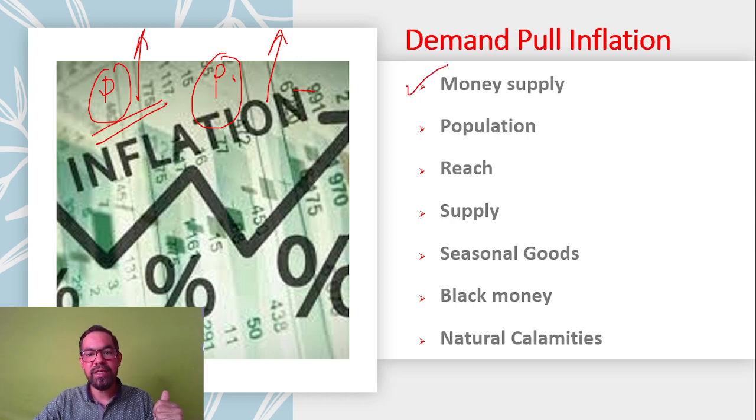If there is an excess supply of money in the economy, let's say RBI through monetary policy, or the Government of India through fiscal policy, increases money supply in the market, there will be more circulation of money. People will have more money in their pocket, so their spending will also increase, correct? If they are spending more, that is creating demand in the economy, so there will be inflation.